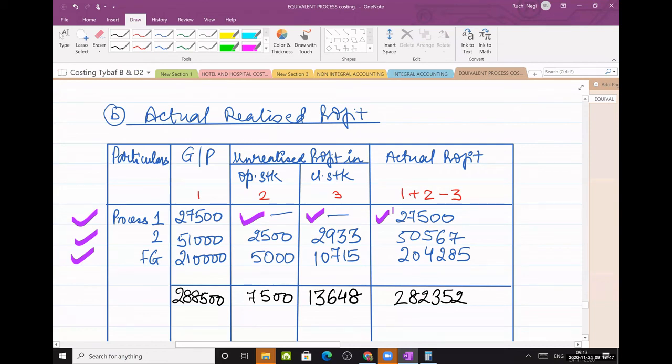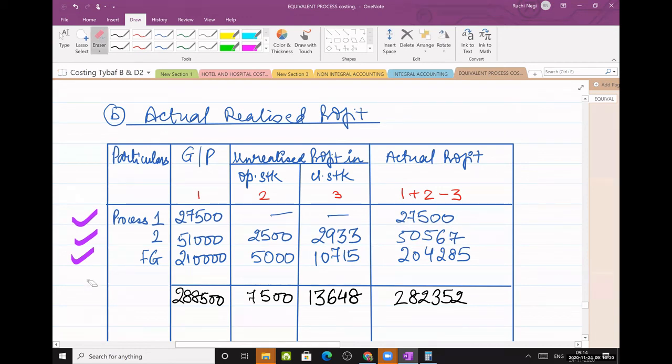In the second process, opening stock profit was 2,500, which was given in the question. Closing stock was not given, so we calculated it by cross multiplication, on the basis of prime cost of goods produced. So gross profit plus opening stock minus closing stock will give you actual realized profit.